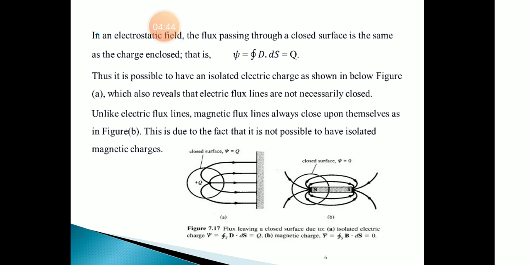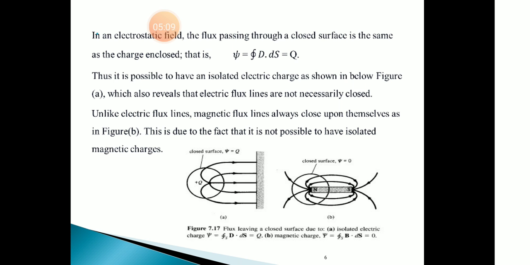But unlike electric flux lines, magnetic flux lines always close upon themselves, as shown in the figure. That figure reveals that magnetic flux lines are always closed. This is the point you have to understand. This is the difference between electric flux and magnetic flux.